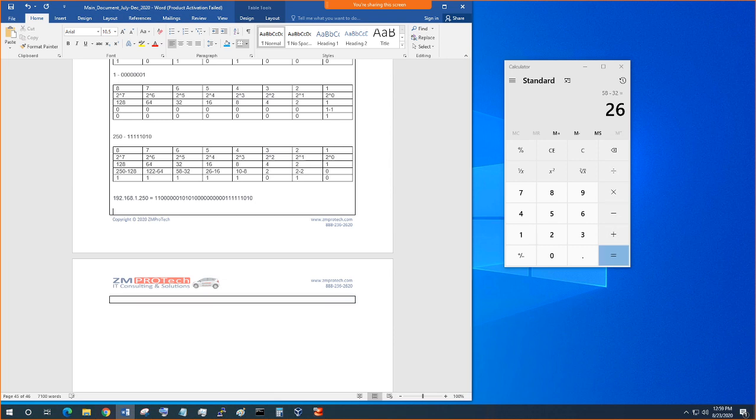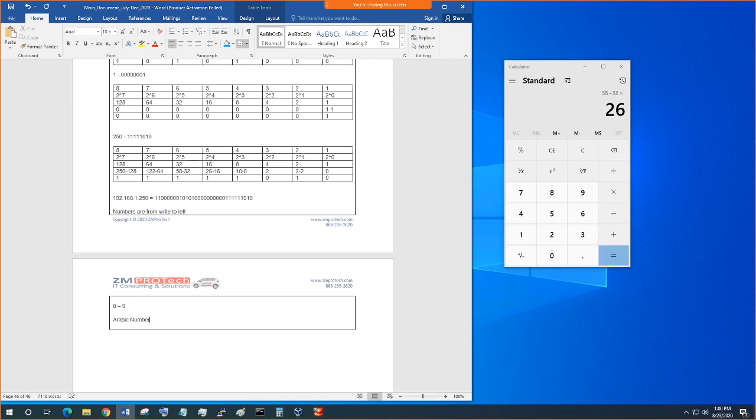Numbers are from right to left. Okay, why is it going from right to left? Because what are numbers? 0 to 9. These numbers are nothing but Arabic numbers.